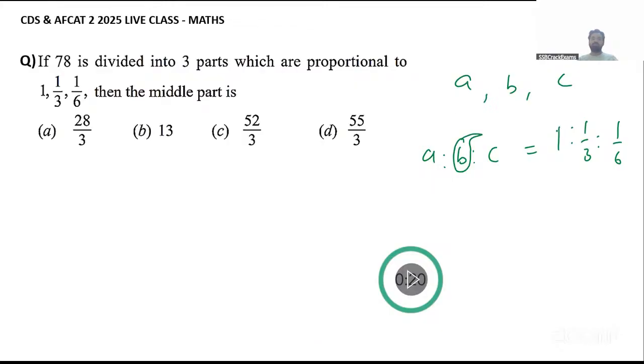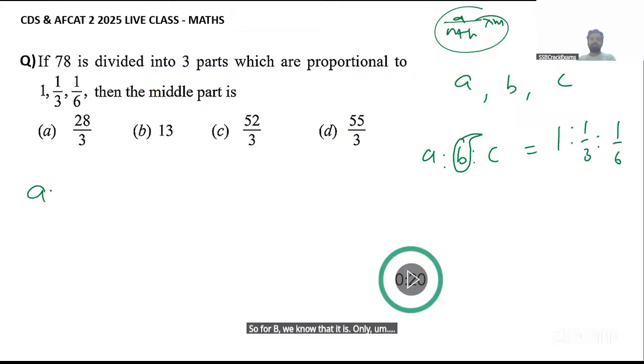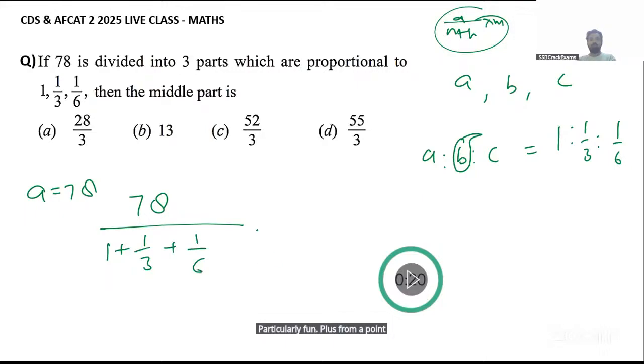All right. So see, you have a ratio like this now. What we do, we will use the same formula, m plus n over a into m. Same thing. So now we have 3, so it will be m plus n plus p. One more thing. For B, it is only, our total is 78. So 78 upon this total, which is 1 plus 1 upon 3 plus 1 upon 6. Now I need to find it for B. B is 1 upon 3.